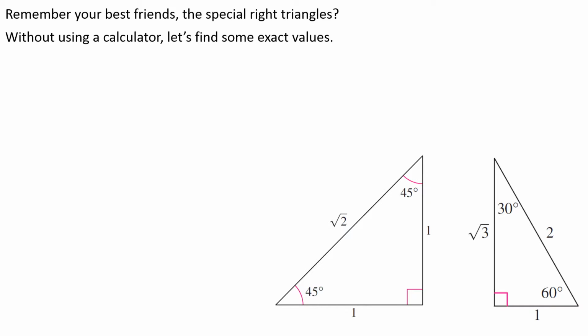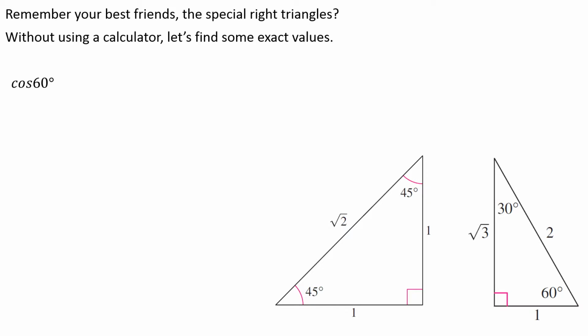Surprise, surprise. Our best friends are here, the special right triangles. So without touching a calculator, let's find some exact values. Let's pretend I want the cosine of 60 degrees. I want an exact value, and I'm not going to touch a calculator.